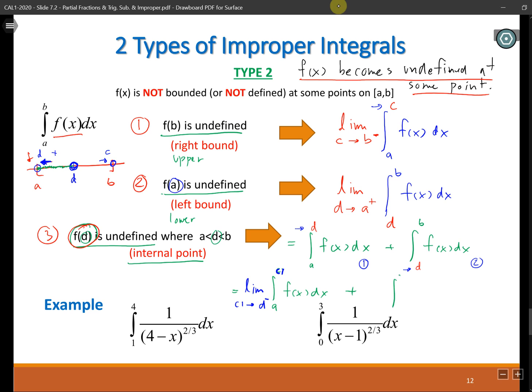So we have this b right here, f(x) and dx, and for the one with the problem, I'm going to put c2 here, and here we have to put the limit. C2 is going to approach this d value from the positive side.